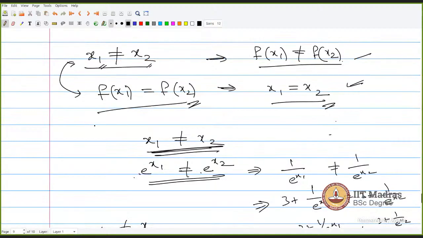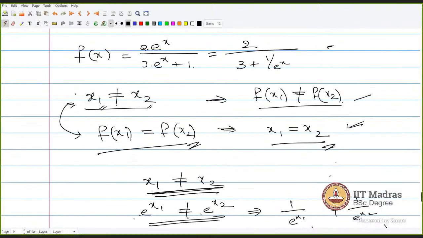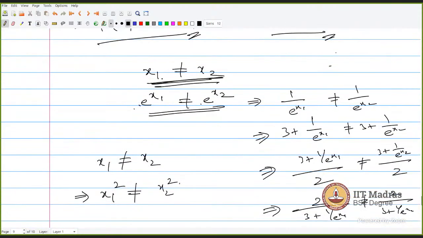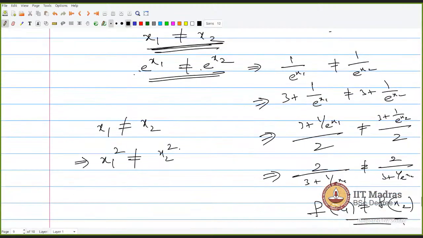You are taking one particular thing, but here x1 and x2 can be any value in the domain. It has to be satisfied for every x1 and x2 in the domain. Then it is fine.